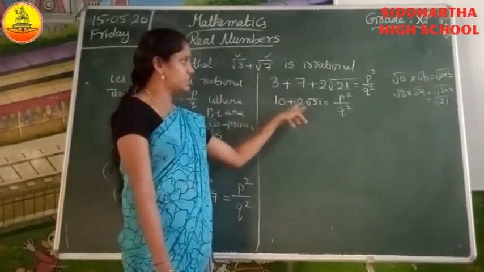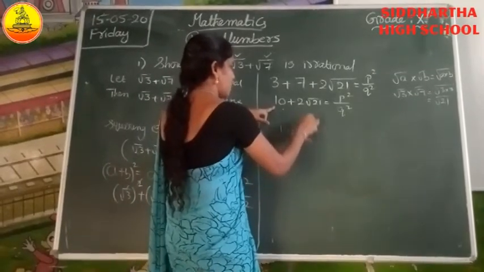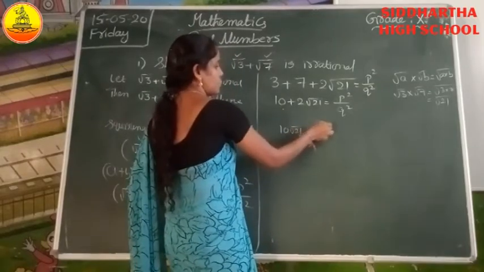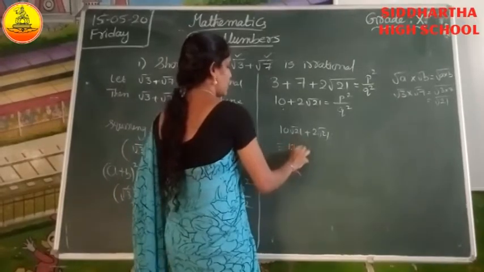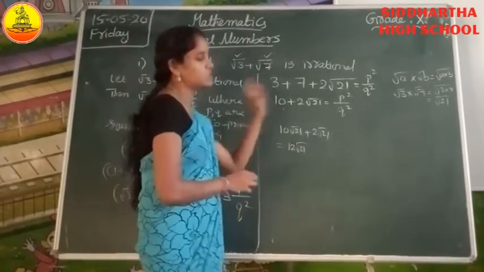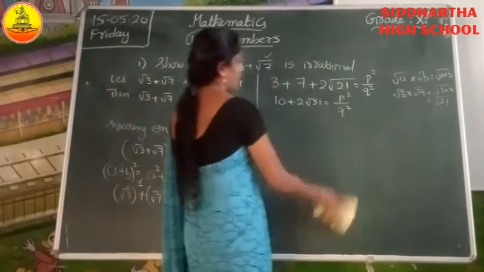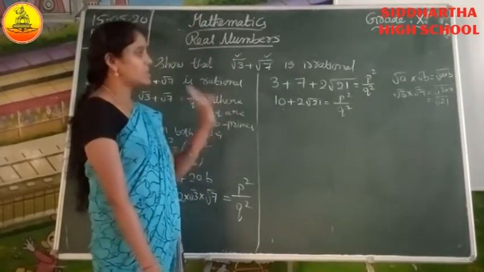If it were 10 root 21 plus 2 root 21, both are like terms because root 21 is there, then we can write 12 root 21. But here 10 plus 2 root 21 are unlike terms. When there are unlike terms, we cannot add, so you have to leave it like that.